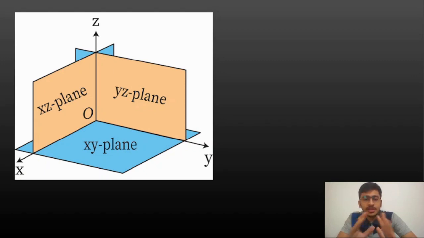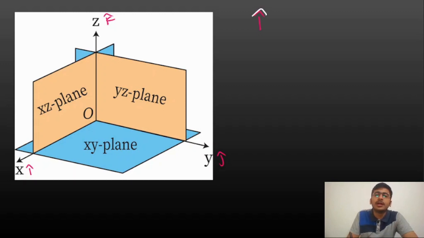In this diagram, I have these three vectors. I have x in i cap direction, y in j cap direction, and z in k cap direction. It is clear from this diagram that this x, i cap direction, is perpendicular to the yz plane.